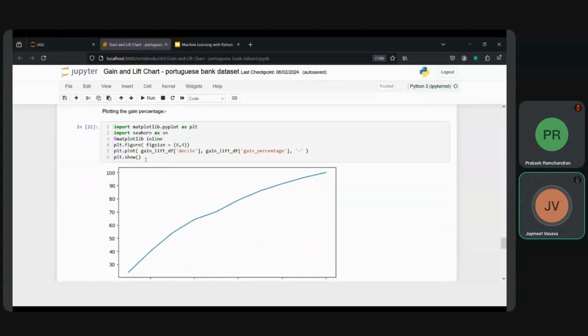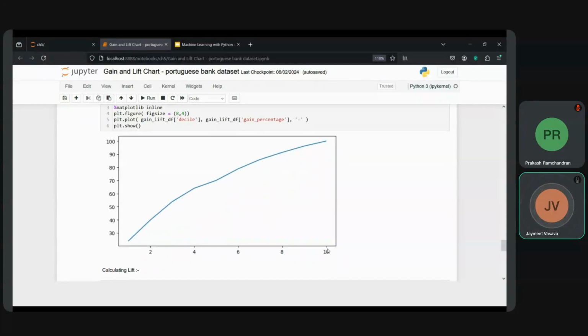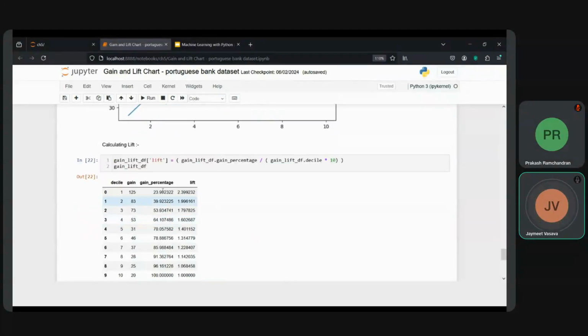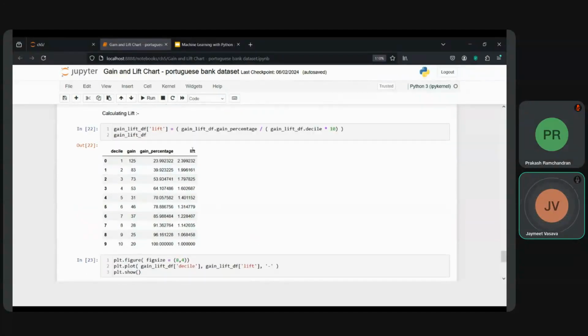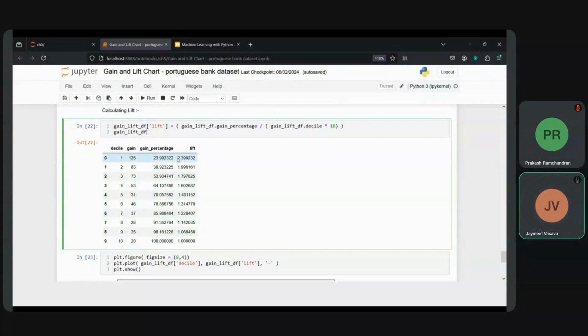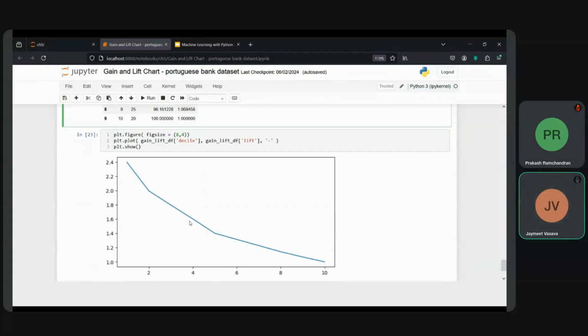Visualizing the gain percentage in this manner, then calculating the lift, we added the lift column with the values that we get for calculating the lift. And when we visualize the lift, this is how we can see it.